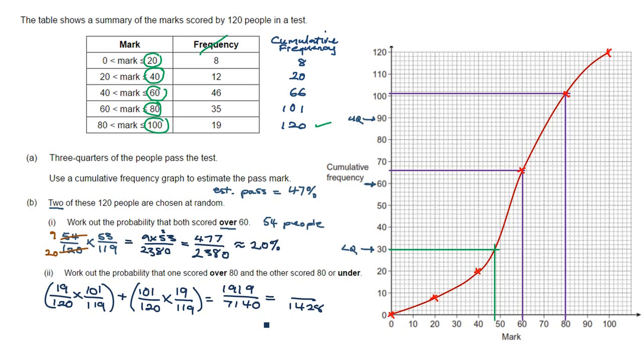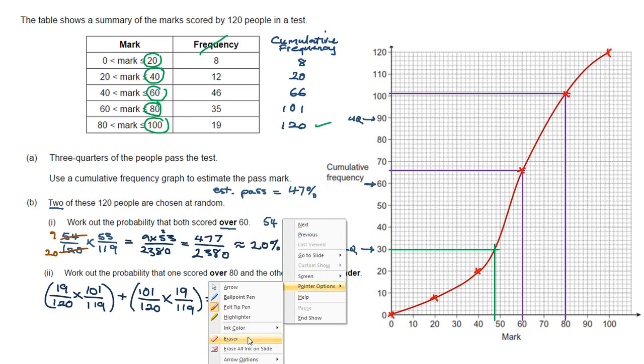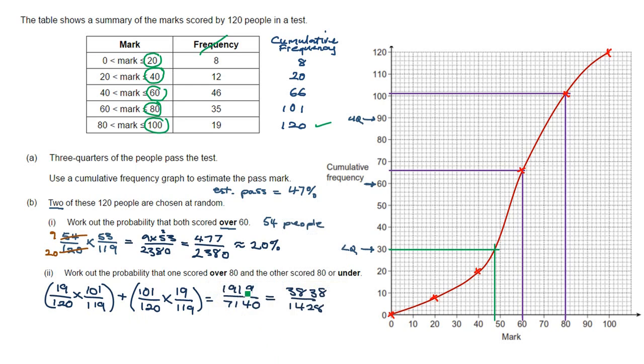And if I do 19 times 101 times 2, then I get 3838. And so that confirms, maybe I should have done it in another colour, that confirms what the calculator told me, that the answer must be 1,919 out of 7,140. Phew.